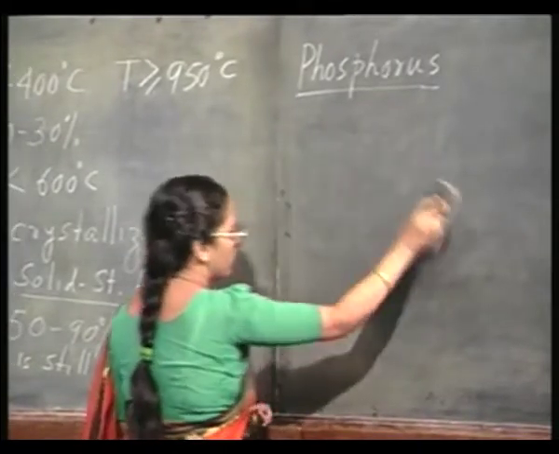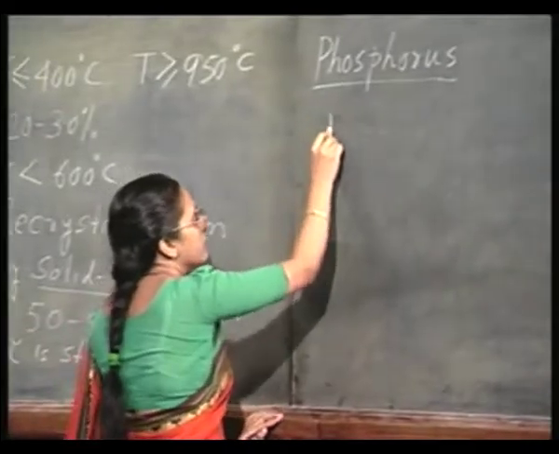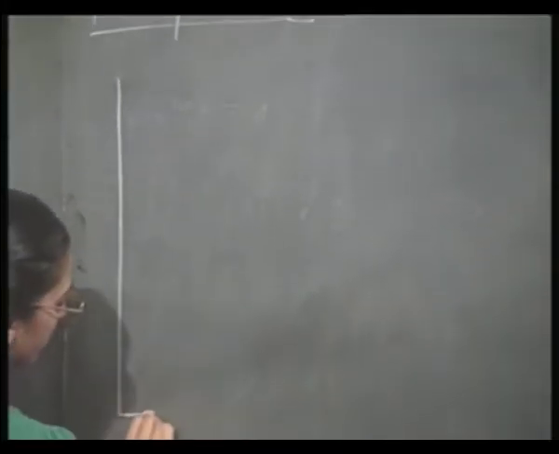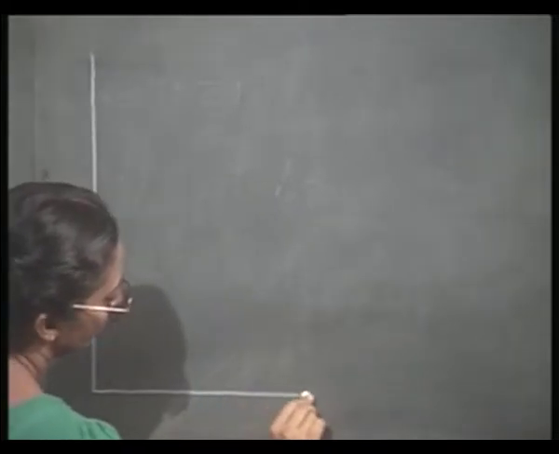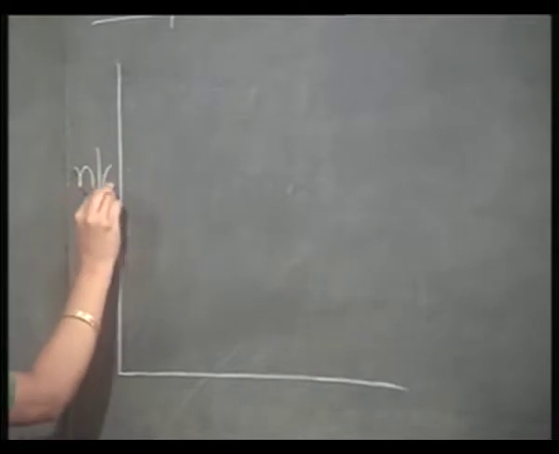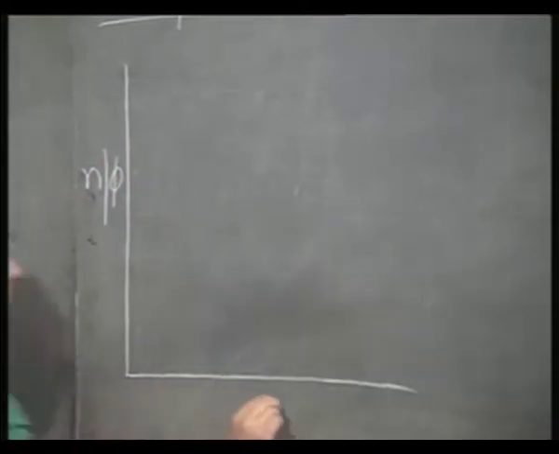Let me plot the relative active carrier concentration, that is N by phi, versus the annealing temperature.